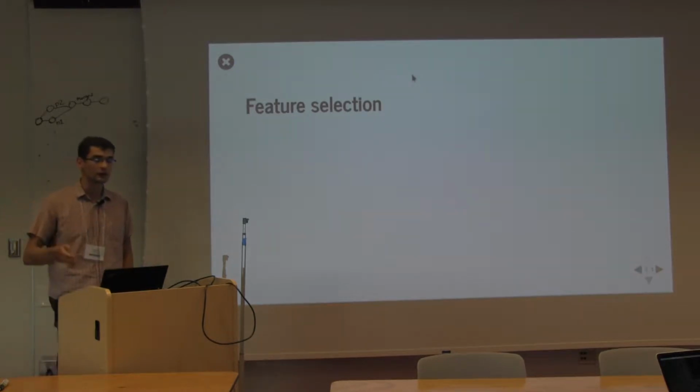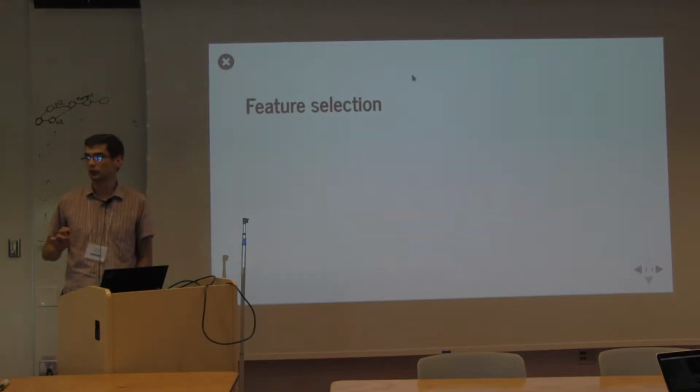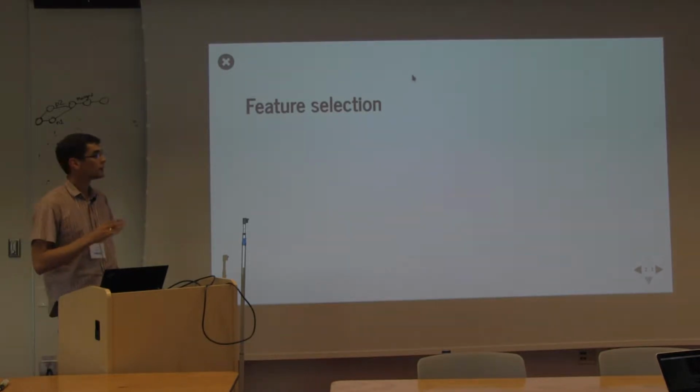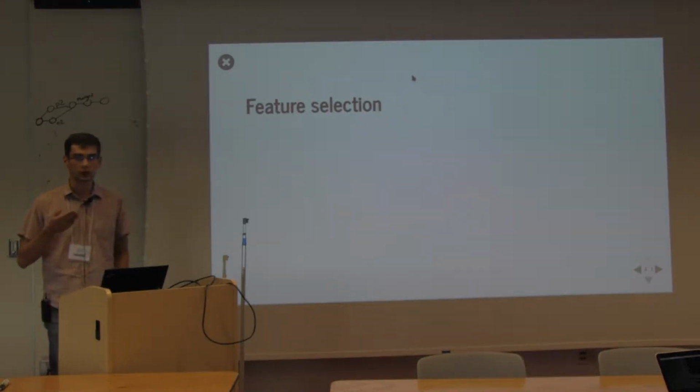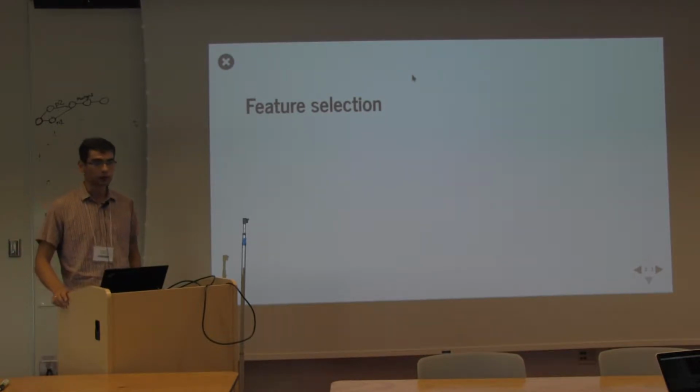And as a side story, I'd also like to give you a brief introduction on two topics. The first one is feature selection, and the second one is selection of hyperparameters.